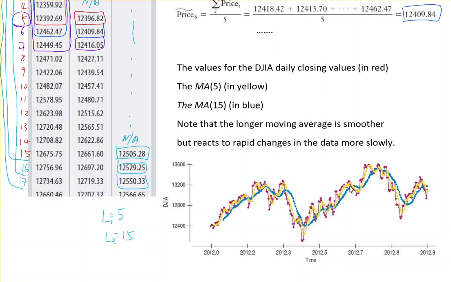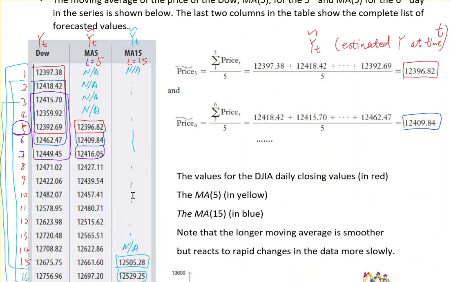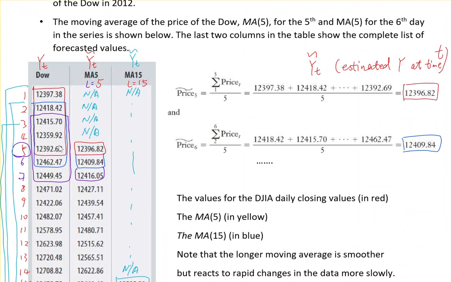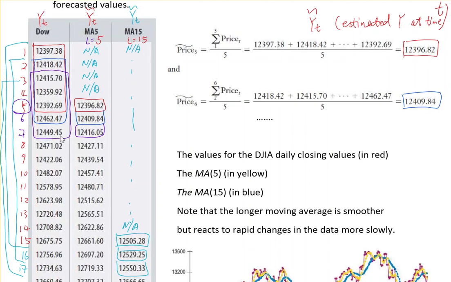We say the blue one is actually smoother than the yellow one, right? So for the blue line, the smoother one, is it L equals 5 or 15? Think about it. If L equals 5, we just average 5 of them, but for L equals 15, we are averaging every 15 observations.